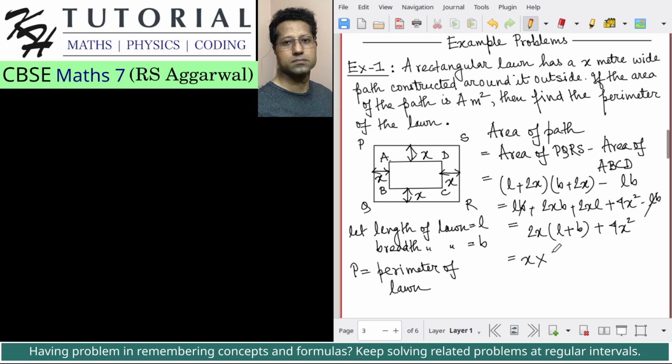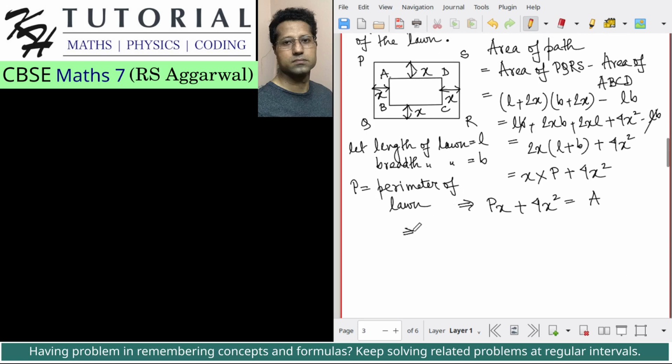This becomes x into P plus 4x square, which is the area of the path: Px, where P is the perimeter of the lawn, plus 4x square. Now the area of the path is given in the problem to be A meter square. So we must have Px plus 4x square is equal to A.